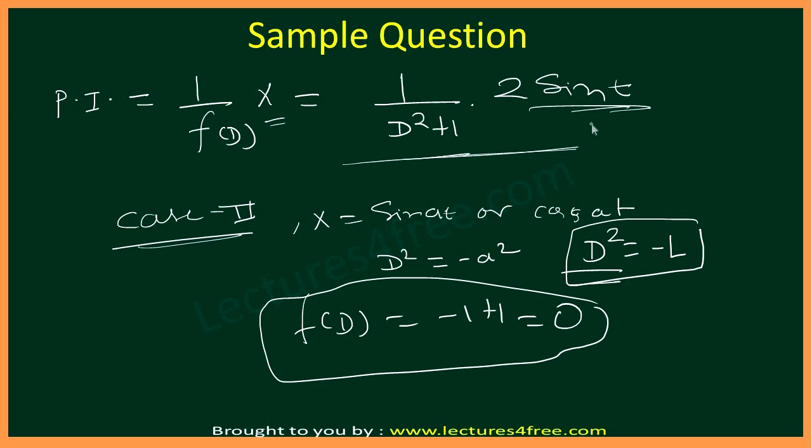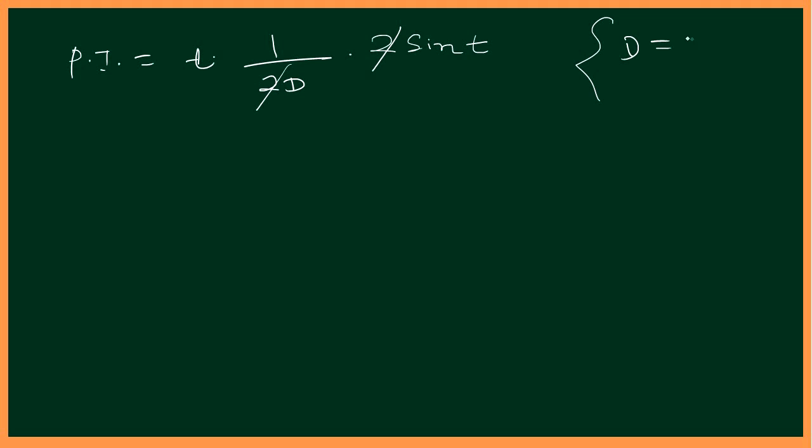So the particular integral is t into 1 upon the derivative of f of D. The derivative of D square plus 1 is 2D, so we get 2 sin t over 2D, and the 2 and 2 cancel out.